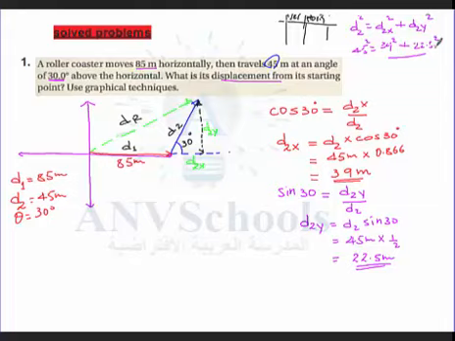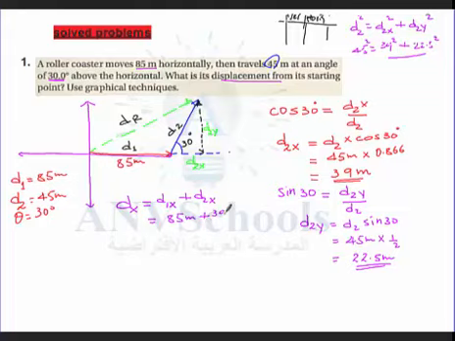So what you have to do is find the resultant. What is the total displacement along x? This is given by d1x plus d2x. The first displacement is only along the horizontal axis, that's 85 meter, plus d2x, 39 meter.